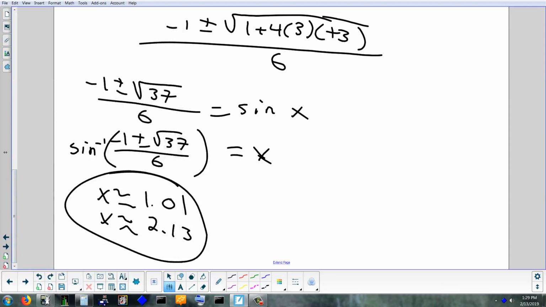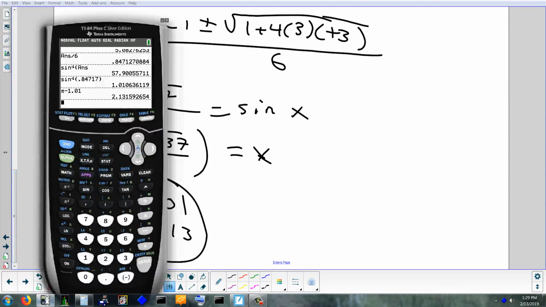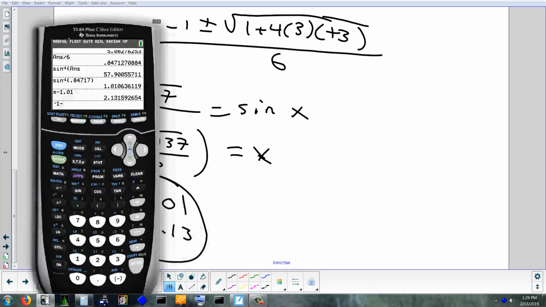So those are the answers from just doing the plus. Let's look at what happens when we do the minus. You've got negative 1 minus the square root of 37. So it gives me a numerator of negative 7.08 divided by 6, negative 1.18.